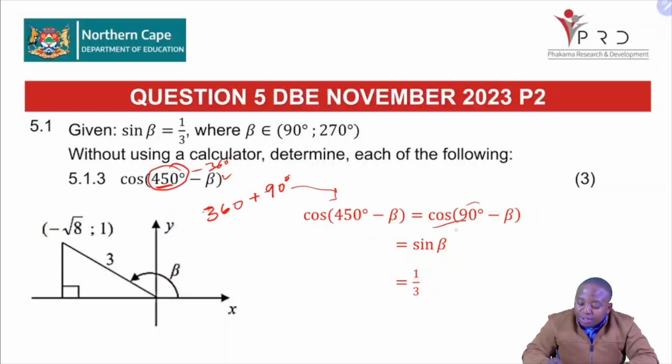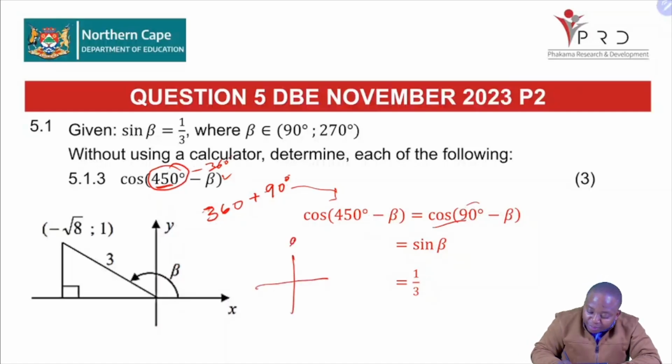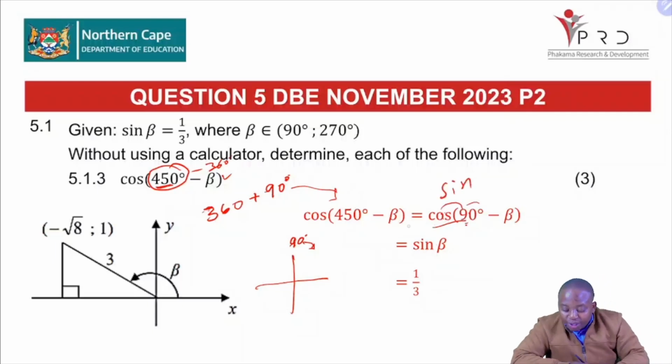We have a co-function of cos of 90 minus beta, so we're going to go to our Cartesian plane. We're going to remember this is where 90 is. 90 minus beta, our cos is positive. Then we can see that the cos is going to change to the cofunction of sine. Then we know that we're going to have sine beta in this case. Then our sine beta was 1 over 3.